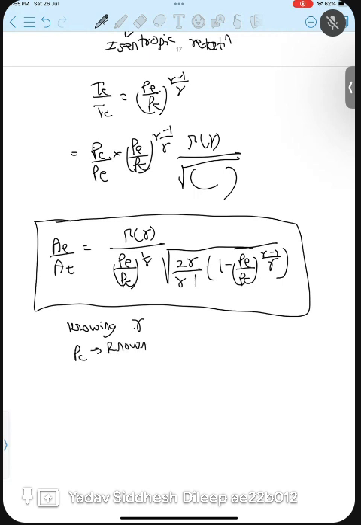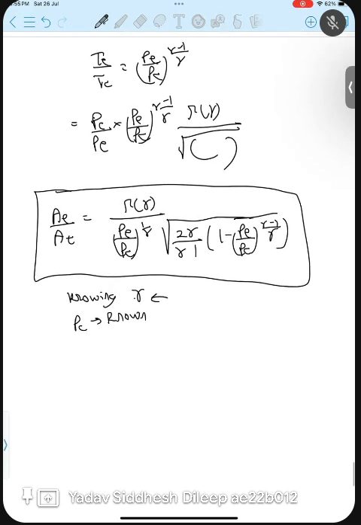So when you know gamma, the specific heat ratio of the gases, then you know gamma of gamma, which is a function of gamma, and you know the chamber pressure. So basically you have to set a particular area ratio so that you get a particular exit pressure. So we have gas tables for this.